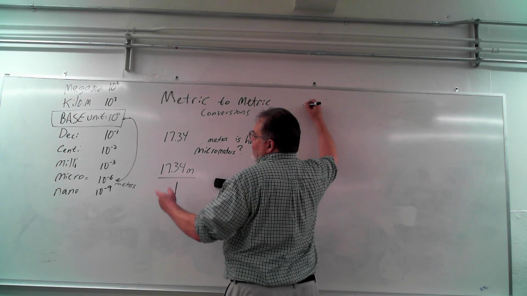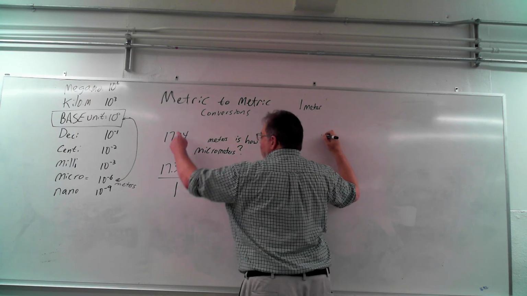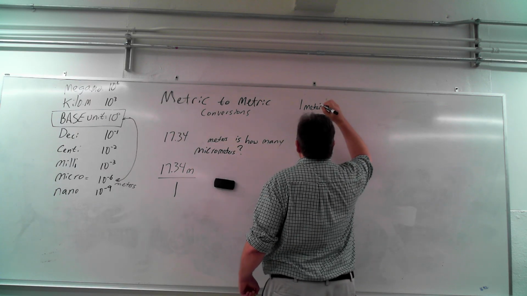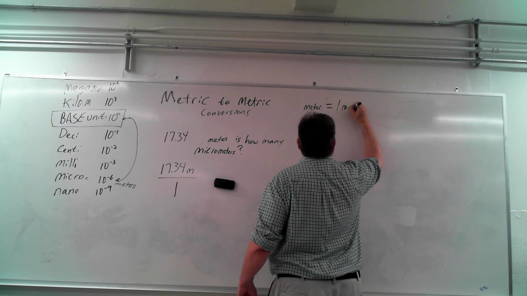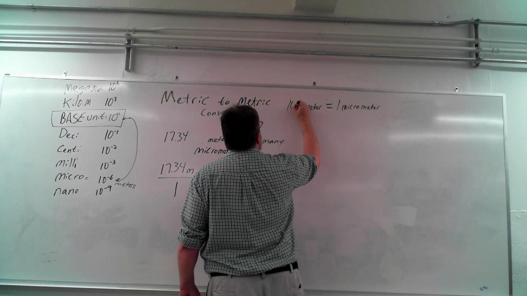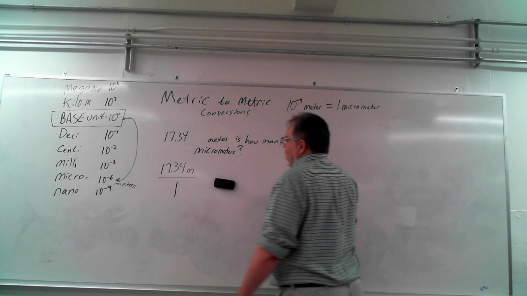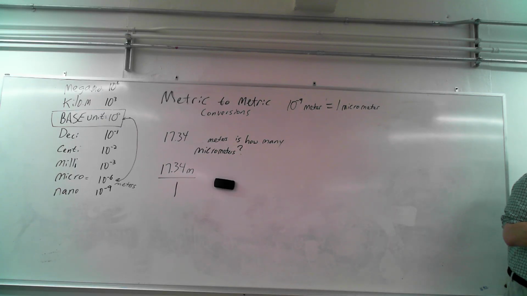So what I mean here is 1 meter, the base unit, equals, no, I just did it wrong. One micrometer equals 10 to the negative 9 meters. You see how I got that? I told you I'd give you that list for a test. You don't have to memorize it. Just be able to come up with the conversion factor off of it. That's what you're going to need it for.